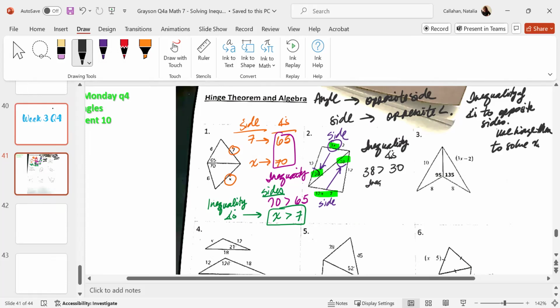Now let's write our inequality about the sides. Which side corresponds to 38? 12x minus 7 is greater than 3x. Good. Let's solve it.